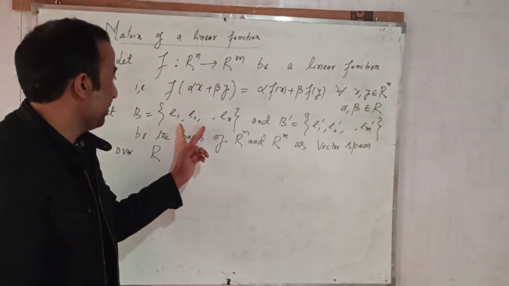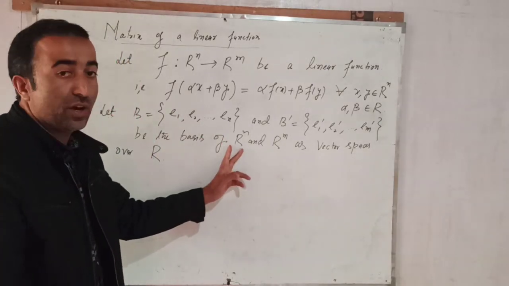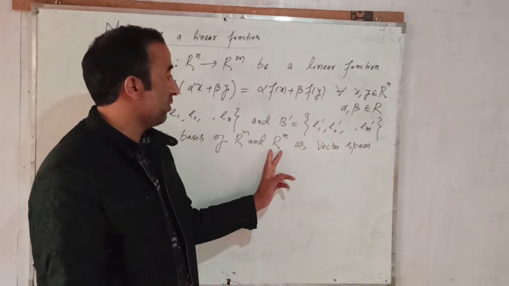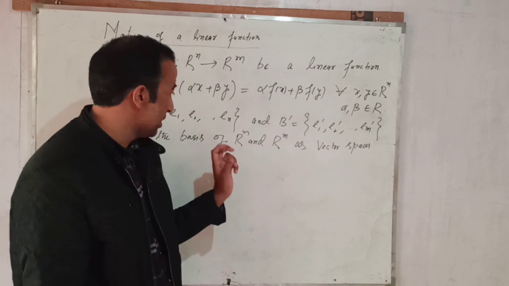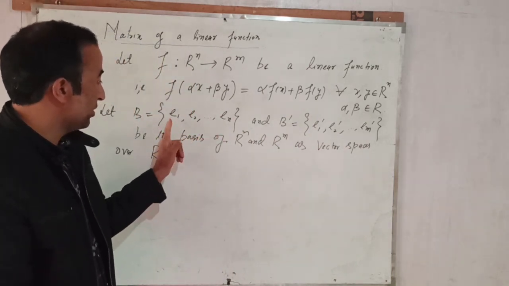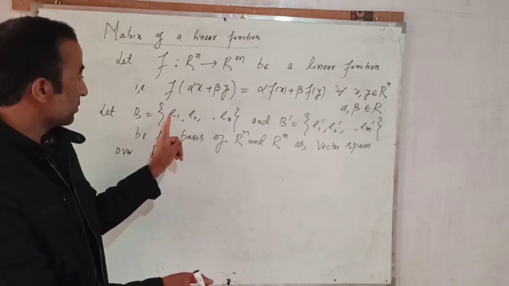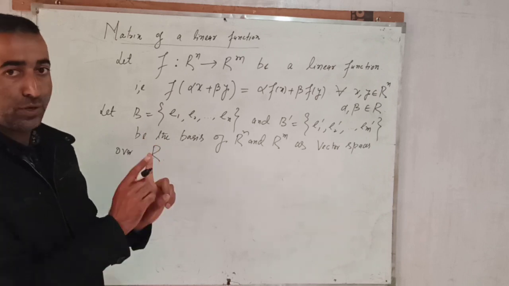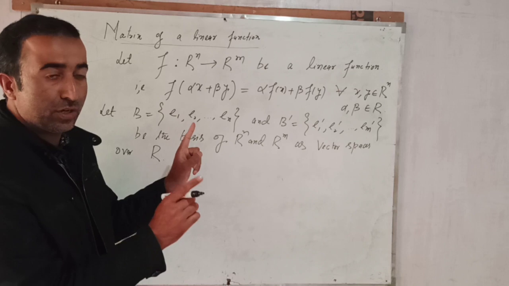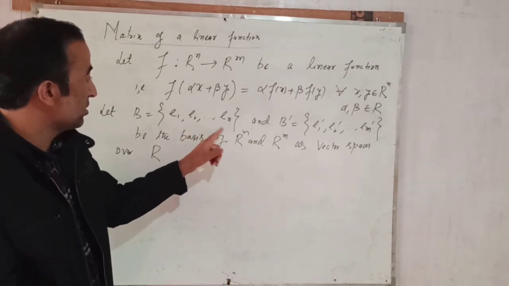By a basis, we mean a subset of Rn which is linearly independent and which spans Rn. Every element of Rn can be expressed as a linear combination of these. In this case, this is a standard basis. In fact, e1 is an n tuple in which the first component is 1 and all others are 0. e2 is again an n tuple in which the first is 0, the second is 1, and all remaining are zeros, and so on.